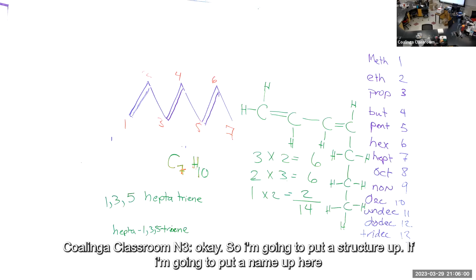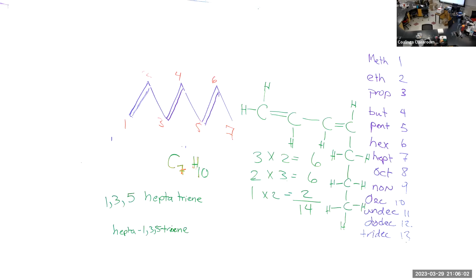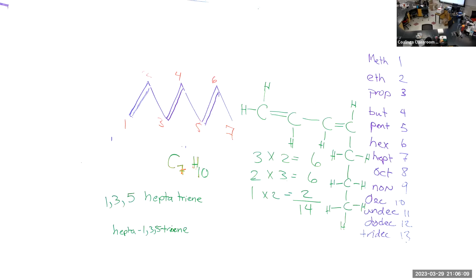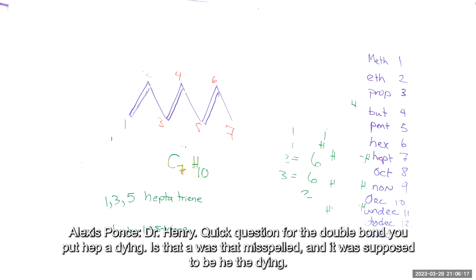Okay, so I'm going to put a structure up, and I'm going to put a name up here. Guys ready? I'm going to erase this. Dr. Henry, quick question. For the double bond, you put hepadiene. Was that misspelled and it was supposed to be heptadiene?